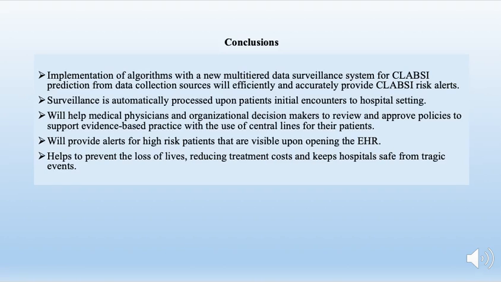It will help medical physicians and organizational decision makers to review and approve policies to support evidence-based practice with the use of central lines for their patients. It will provide alerts for high-risk patients that are visible upon opening the electronic health record. It helps to prevent loss of lives, reducing treatment costs, and keeping hospitals safe from tragic sentinel events.